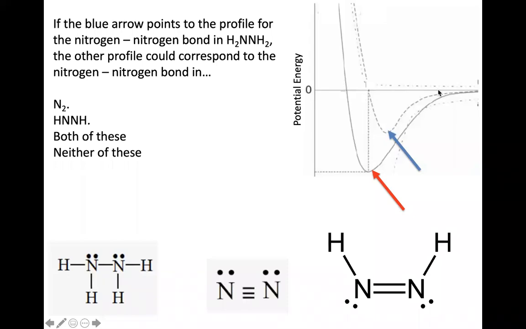If this dashed line that the blue arrow is showing, if that represents this first molecule, let me send you a poll. What do you think the solid line that the red arrow is pointing to would represent? In order to answer this one, I would be using the Lewis structures. That solid line with the red arrow corresponds to which one?